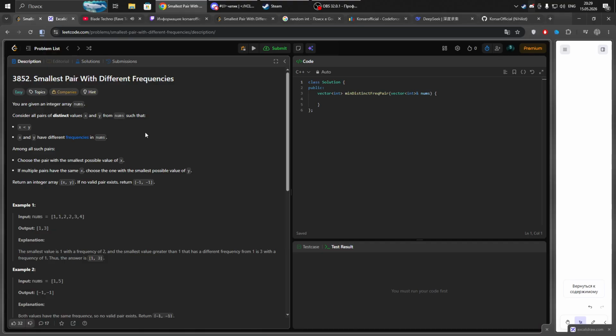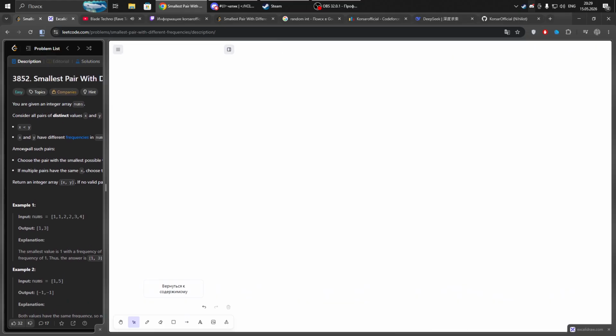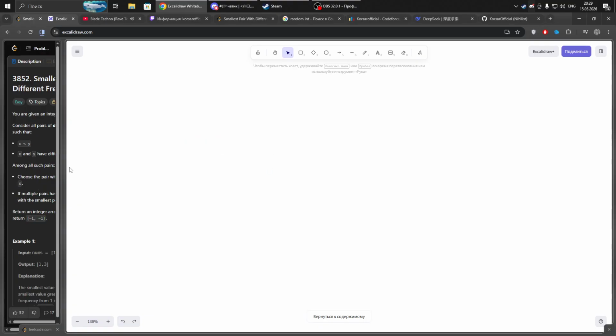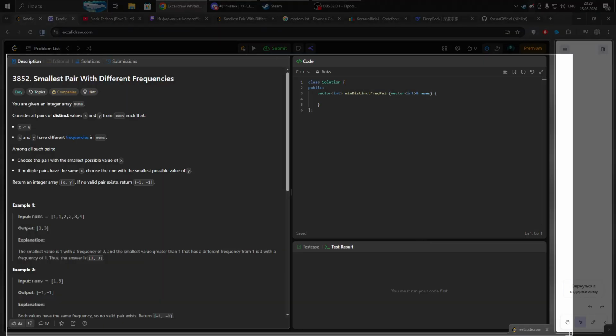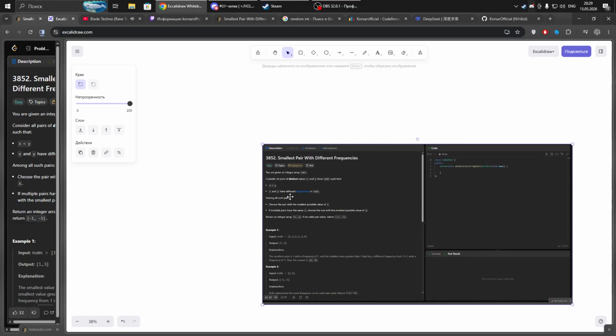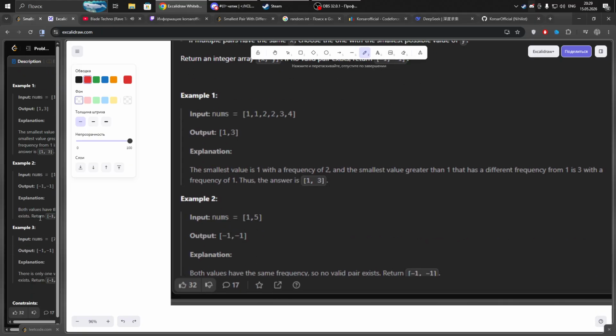Consider pairs of distinct values x and y such that x is smaller than y.